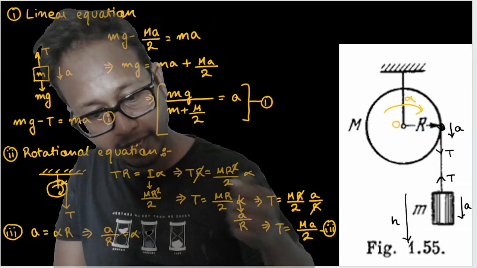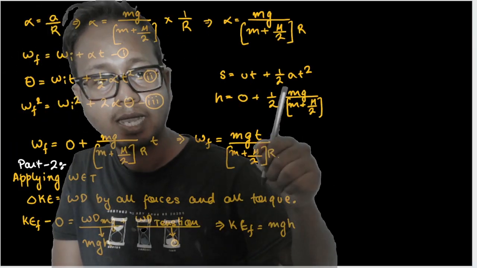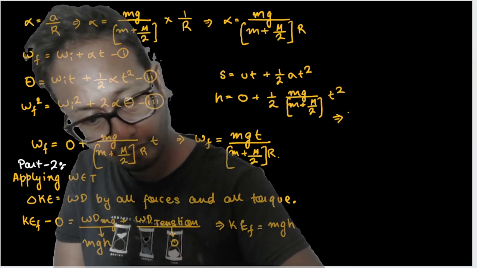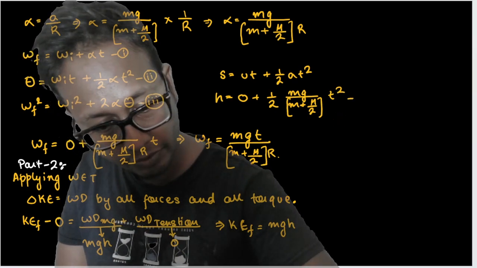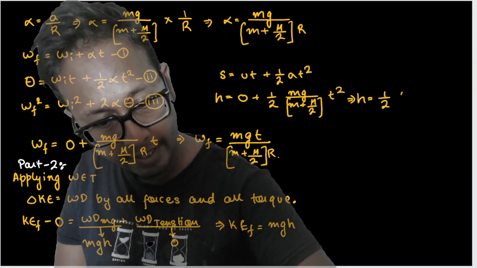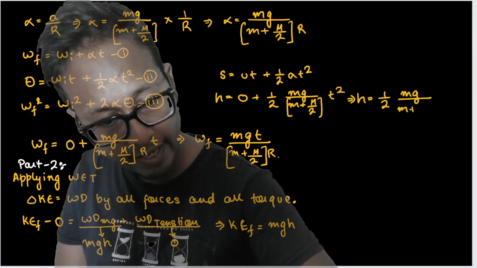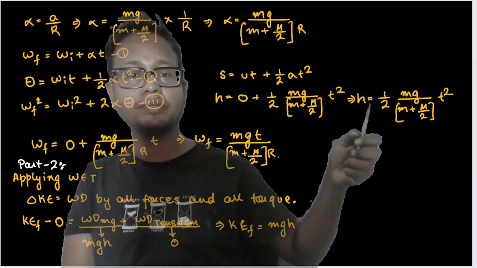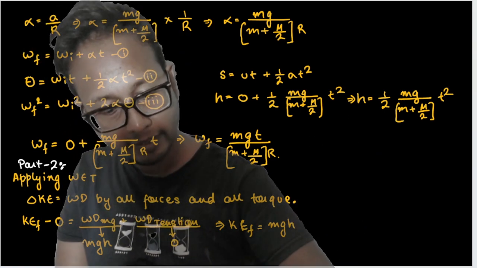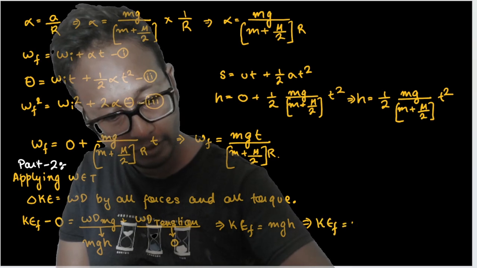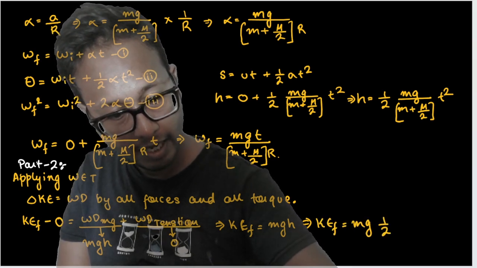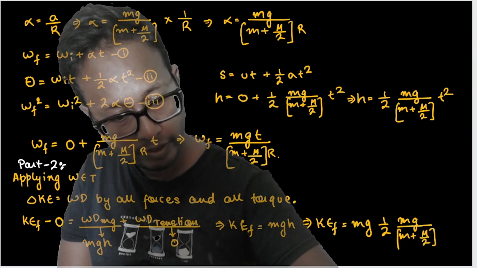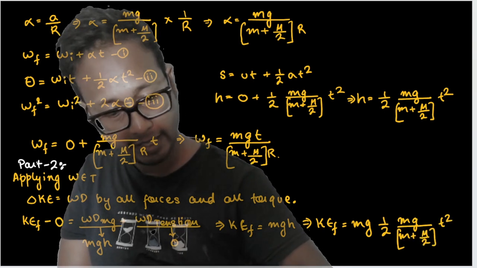So we get our height as h equals half mg divided by m plus capital M by 2 into t square. Now if I just substitute this height, I'll get my answer. So final kinetic energy is equal to mg into half mg divided by m plus capital M by 2 into t square. So this is my answer.